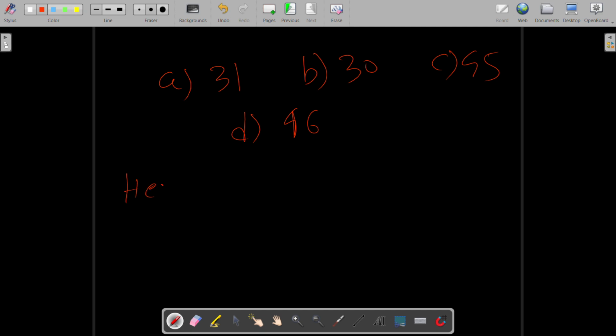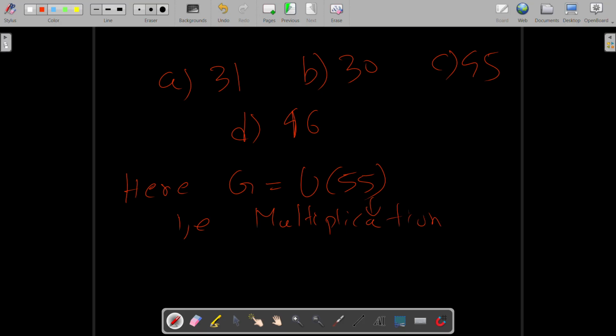Here clearly G is a group of the form U55, that is, a multiplication modulo 55 group.